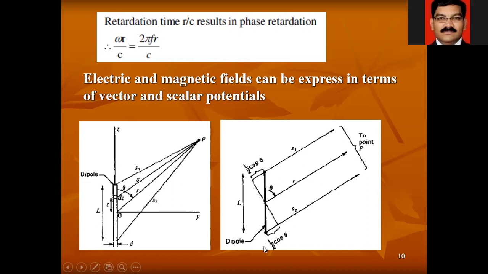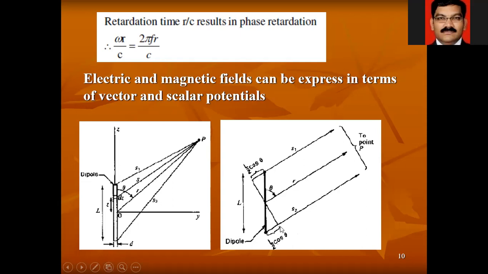Suppose this is angle theta. You can consider this length as the opposite side, and cos theta is the adjacent side by the hypotenuse. So by the trigonometric formula, the total length is L, and this length will be L by 2 cos theta, and this length is also L by 2 cos theta.